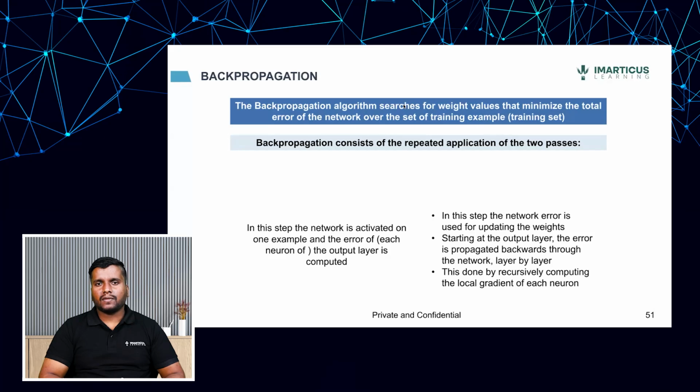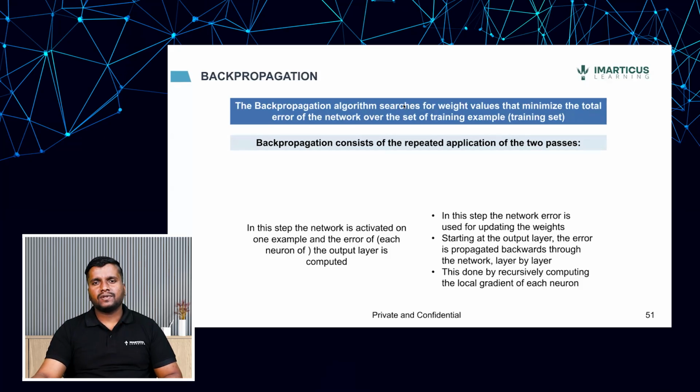Now there is a phenomenon in neural networks where it wants to improvise over time, and this can be done with the help of backpropagation. Backpropagation is a mechanism where the network sees the output and compares it with the actual output for that particular data. As it compares, it understands what kind of lack of accuracy there is in the output generated by the neural network versus the desired output.